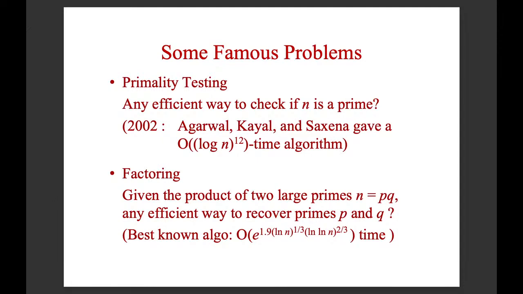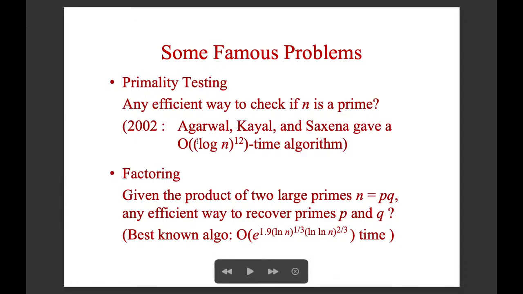So one question here is, is it possible to design a polynomial time algorithm that runs in log n to the power of a constant so that we can check if n is a prime or not? This result was proven in 2002. It says yes. Three Indian mathematicians, Agrawal, Kayal, and Saxena, have given an algorithm that runs in log n to the power 12.